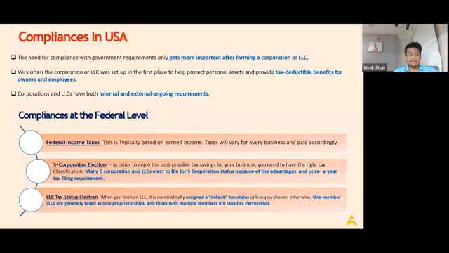But if you created the company in California or New York or some other tax-paying state, then apart from the federal income tax filing, you have to file the state income tax, as Mansi mentioned, every state has a different income tax rate and different filing.